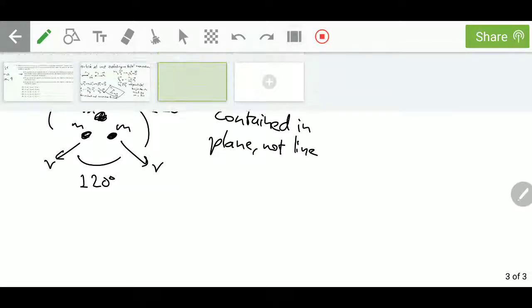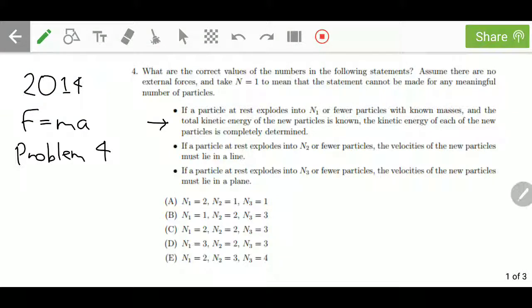So ultimately, we actually finished the second one first, and we saw that if a particle at rest explodes into two particles, the velocities have to lie on a line, but if the particle at rest explodes into three particles, then they do not need to lie on a line, meaning that n2 must be 2.